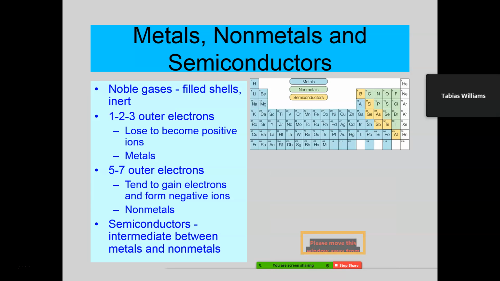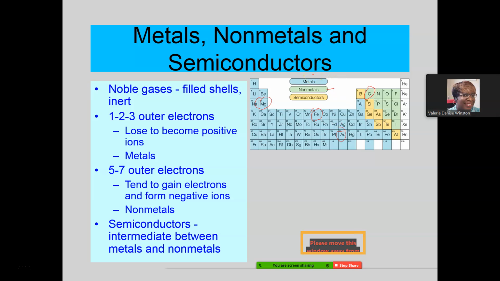Carbon was up here in which category? Non-metal. Magnesium was over here in which category? Metal. Iron was over here in, not too surprising, metal, and gold was over here, also not too surprising, in metal.